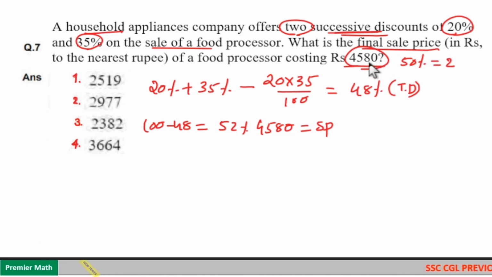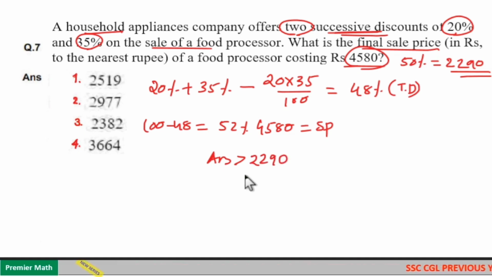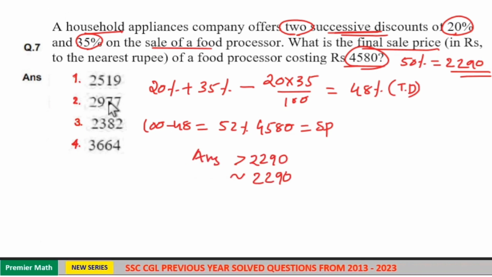So 2290, which means your answer should be greater than 2290 and nearer to 2290. Here, if you look at these options, nearer to 2290 is option 3. So, option 3 is your answer.